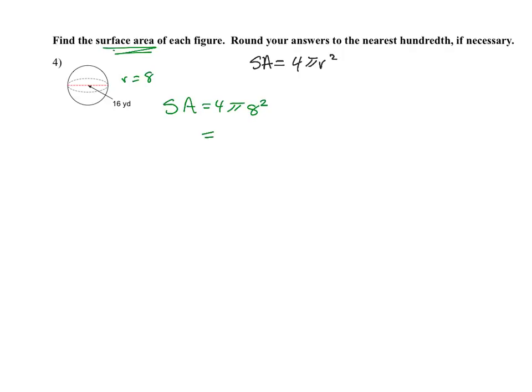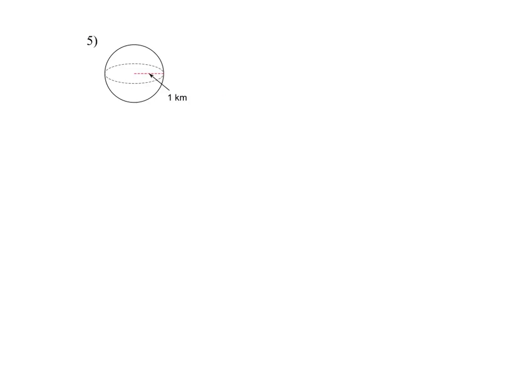So my surface area is 804.25 yards squared, because we're working with area, and area is in square units. The surface area as A equals 4 pi times 1 squared, so 12.57 kilometers squared.